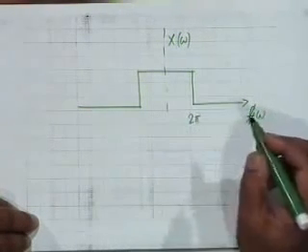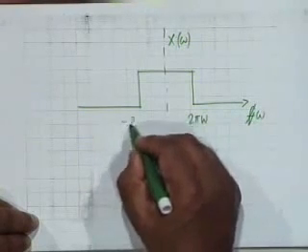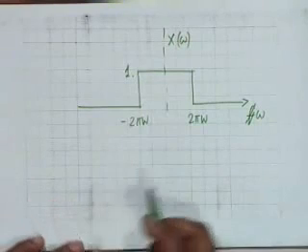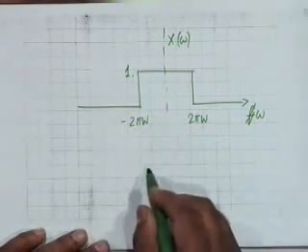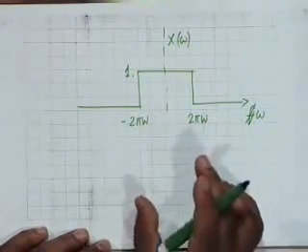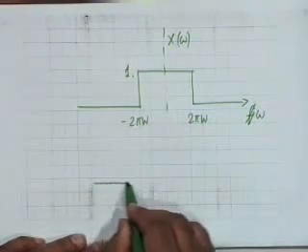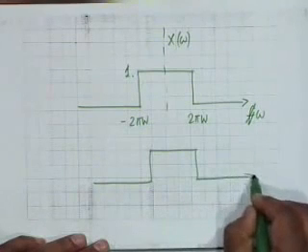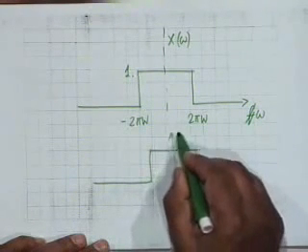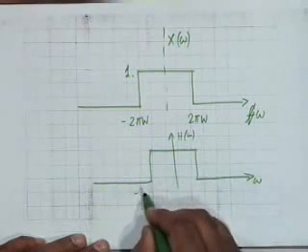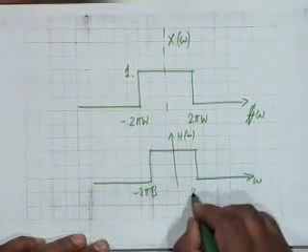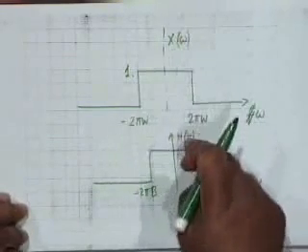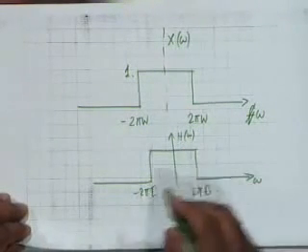This is 2 pi W, and this is minus 2 pi W, and this is unity. Now I have to multiply this function by another gate function exactly like this, except that I am not drawing to scale. H of omega is also like this, except that this goes from minus 2 pi B to plus 2 pi B. And now you have to multiply the two and find out the Fourier inverse.